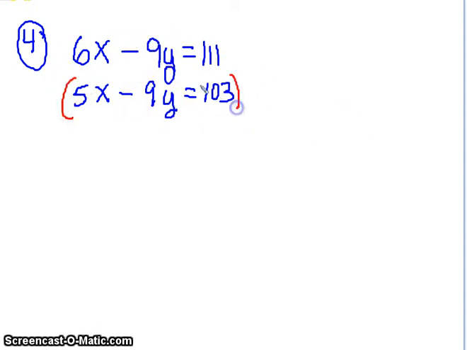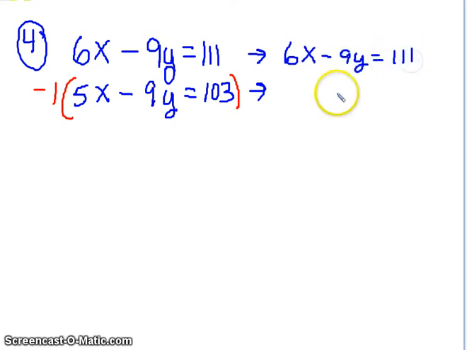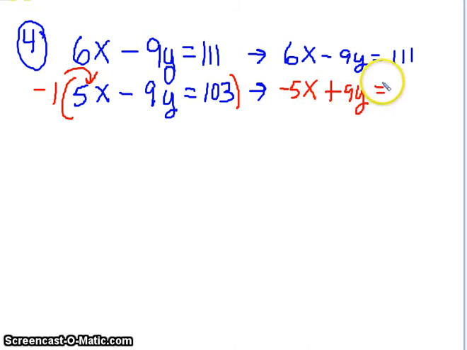Works exactly the same when they're both negative. If you still multiply by a negative, the top one stays 6x minus 9y equals 111. And then when I distribute my negative, I get negative 5x plus 9y equals 103.